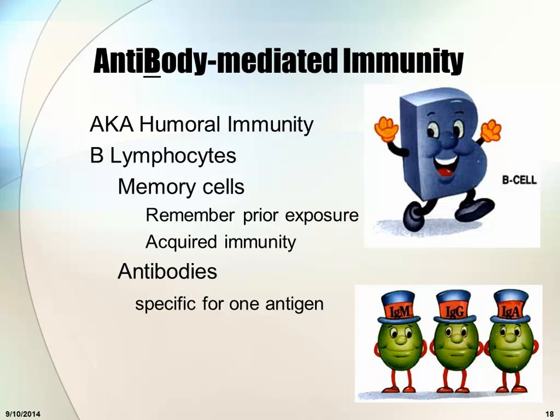Some of those we'll use for some immunity, and we'll talk about that later. Each antibody is specific for one antigen, and it attaches to it, marking it for destruction. We have a lot of different classes of them. I listed a few there, the IgM, IgG, IgA, but there are so many more.